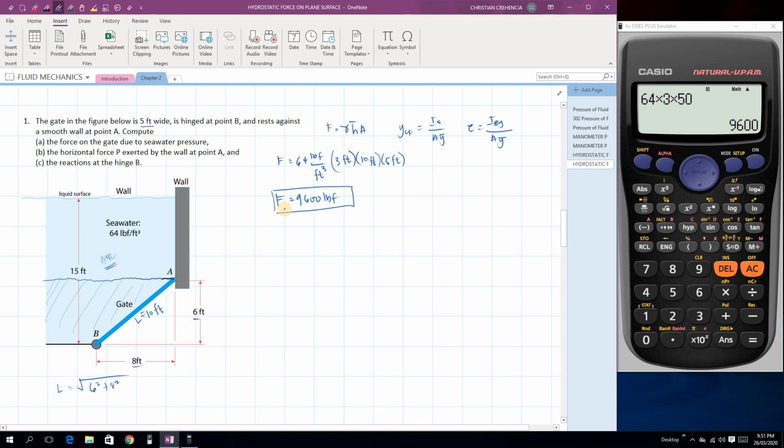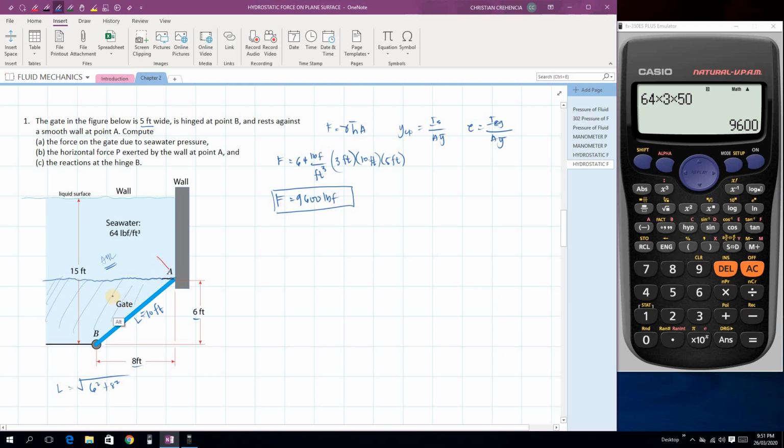So, paano natin nilolocate yung location ng force natin? So, gamitin muna natin yung YCP siguro, no? So since ito na yung liquid surface, so yung YCP is manggagaling dito sa point A. Okay.